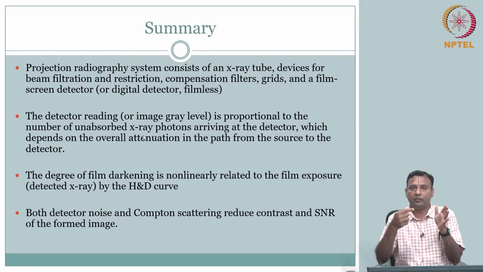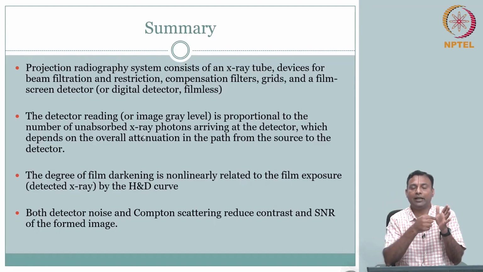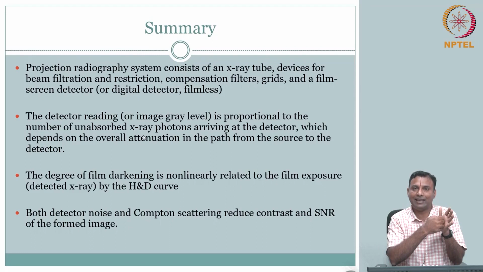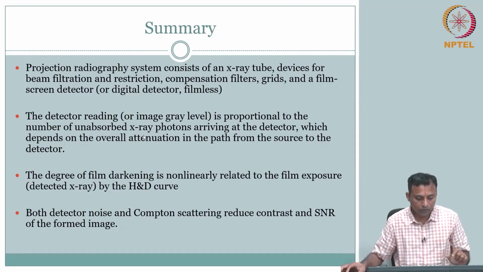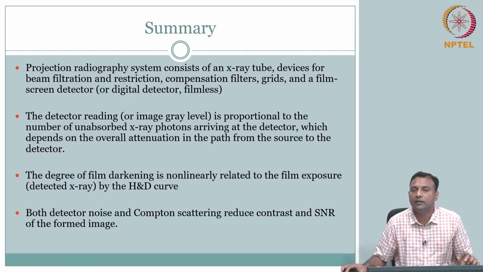So, if a detector is behind the path that has bone, it would receive fewer X-ray photons and therefore less darkening of your X-ray film. Okay. The degree of this darkening is related by the S curve or the H and D curve that we talked about, and then finally we talked about the noise, both due to detector noise and the inherent physics, which is your Compton scattering.